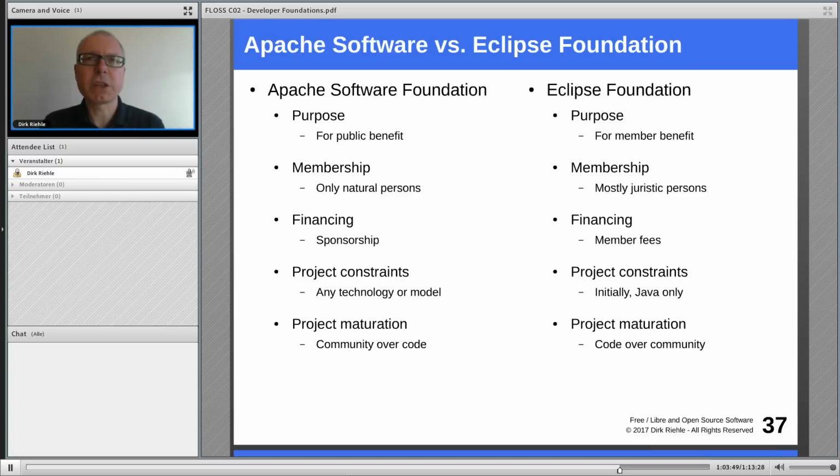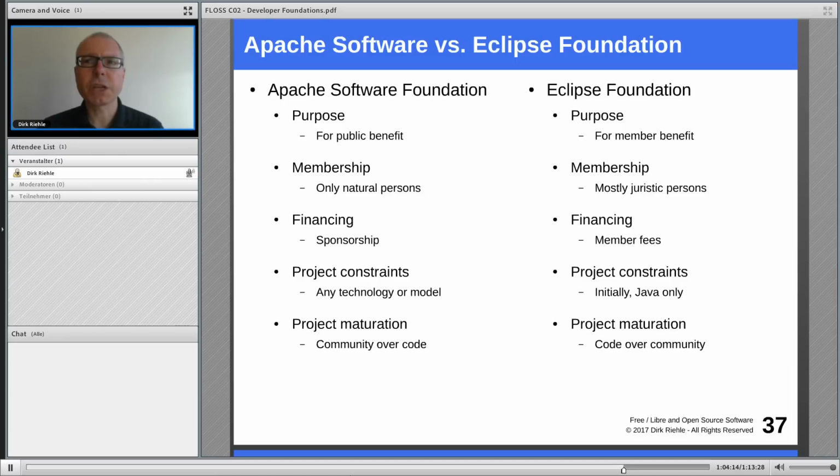As a consequence, the Apache Software Foundation has 1.5 employees, while the Eclipse Foundation, I think, these days has 20-25 people. Also not huge, and again, none of these does any software development. That's the project users and developers who do that. But it is clearly a financial difference.